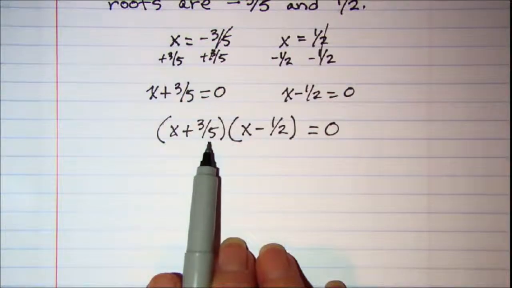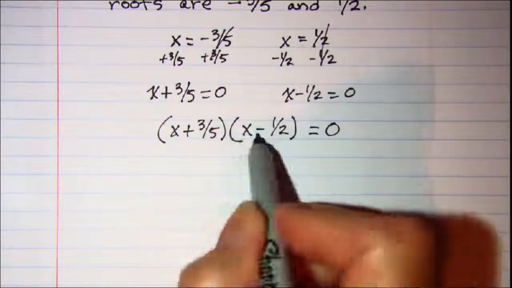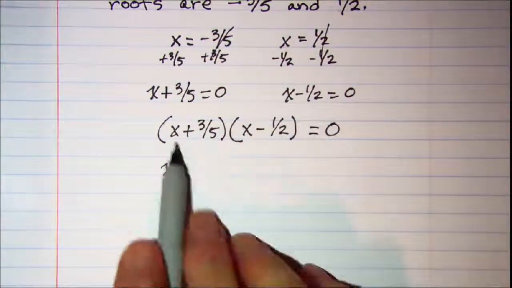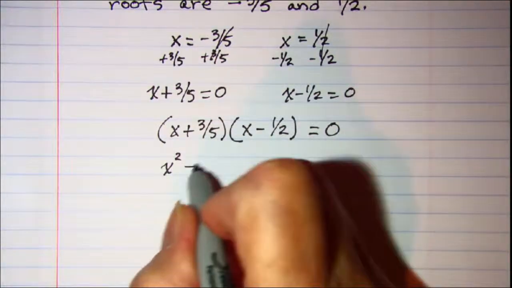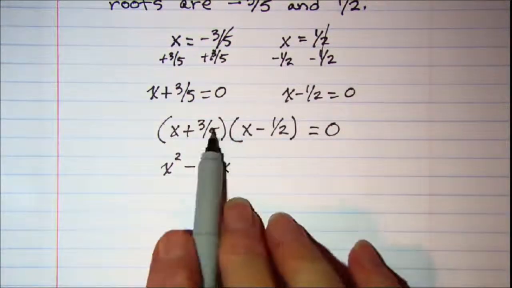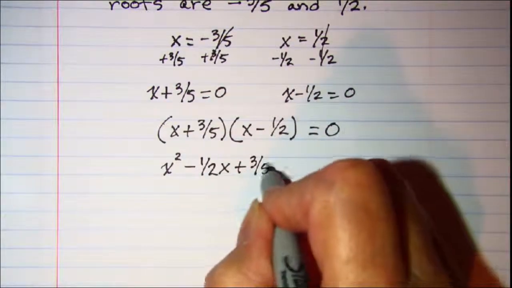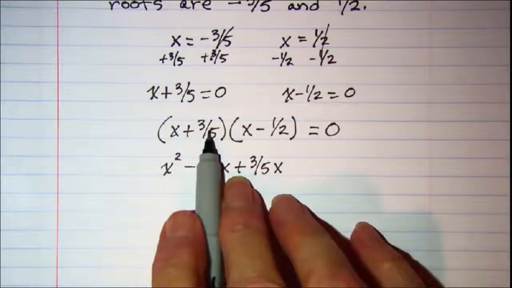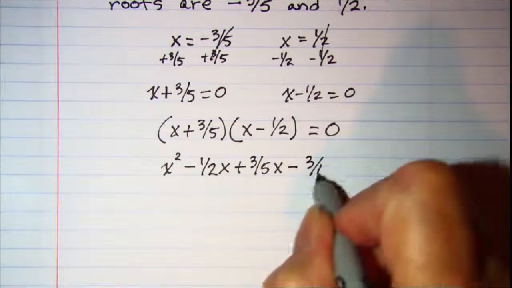All right, now we need to use FOIL to multiply these. x times x is x squared, and then my outer product, x times -1/2 is -1/2 x. My inner product, 3/5 times x is 3/5 x. And then my last product, 3/5 times -1/2 is -3/10.